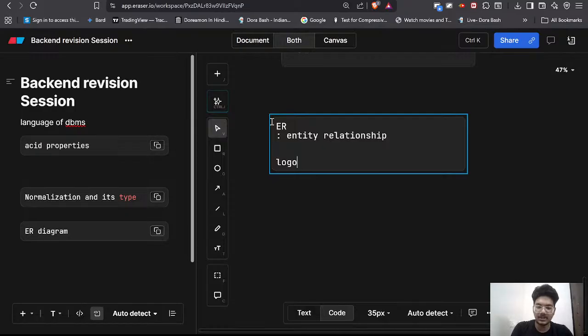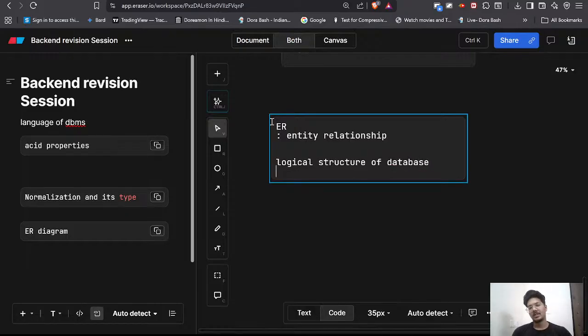It gives the logical structure of the databases. So we create the ER diagram before implementing our new databases.